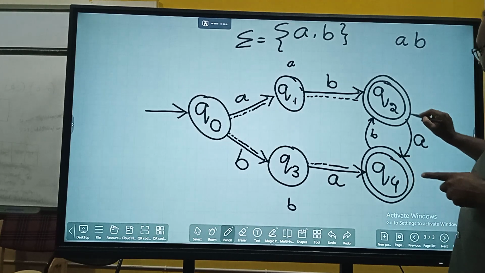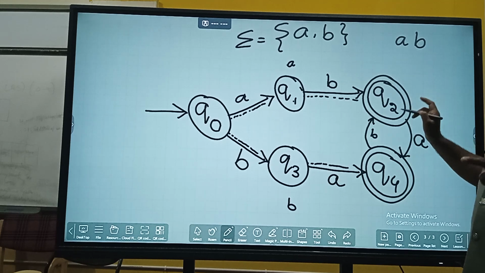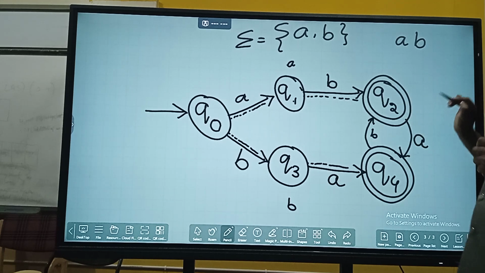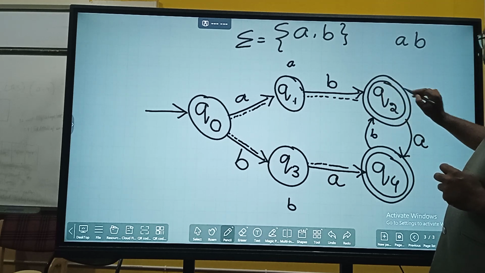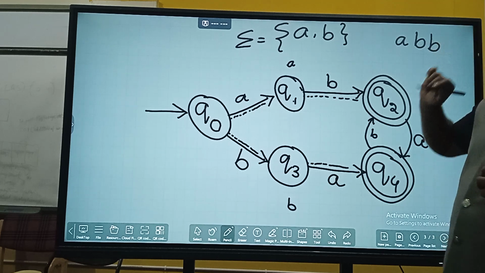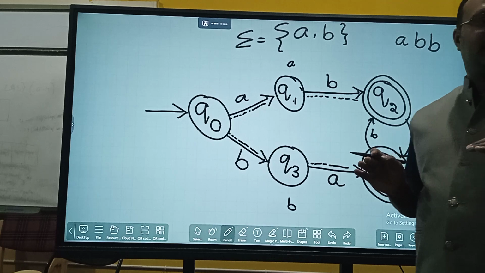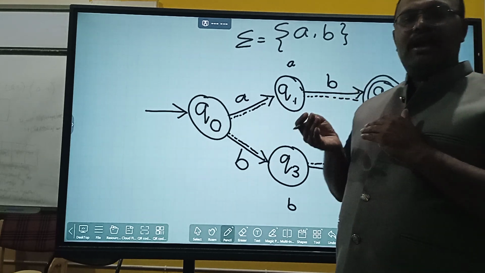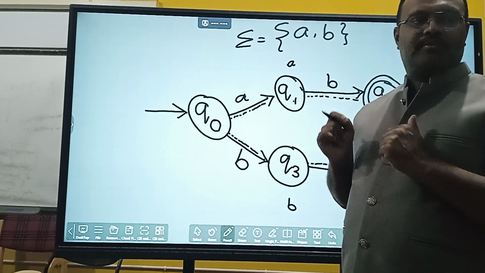B. But do you have a transition on this particular alphabet B? No. I have a transition on only A. Now let us see. Suppose in this state Q2, if I try to take B, do you think this string should be accepted? No. Because as per the question, strings ending with AB or BA should get accepted.